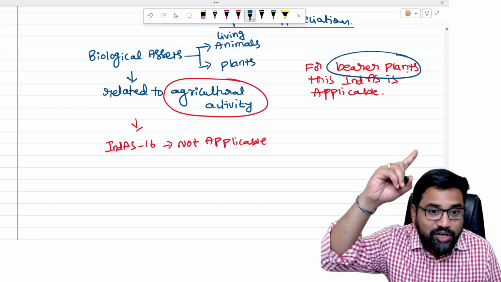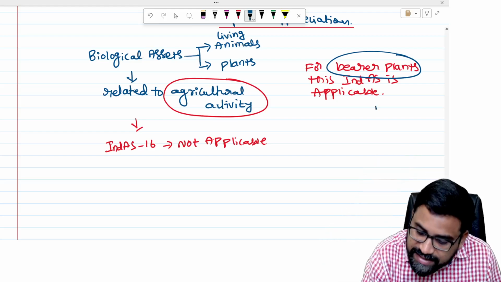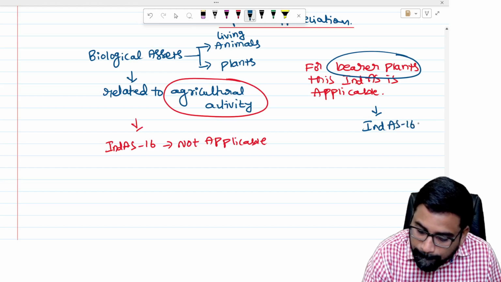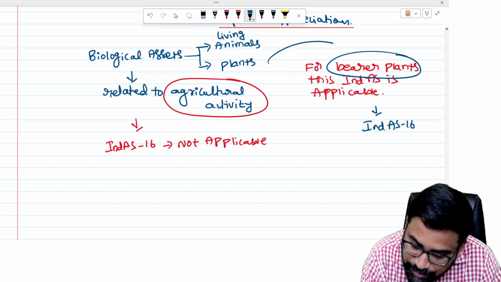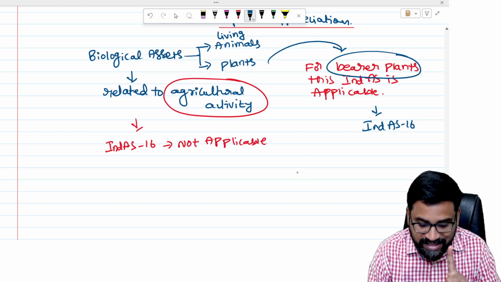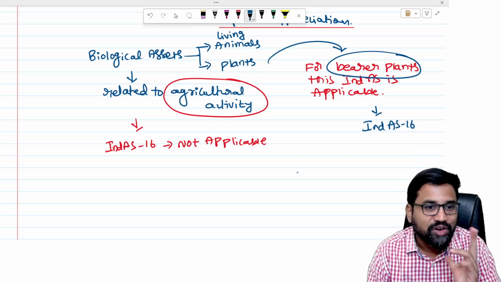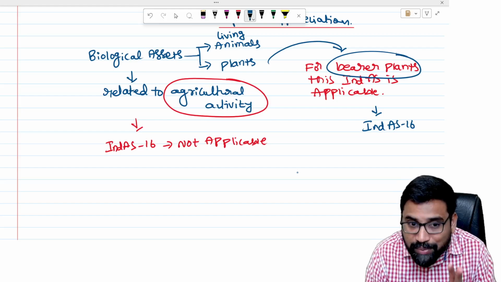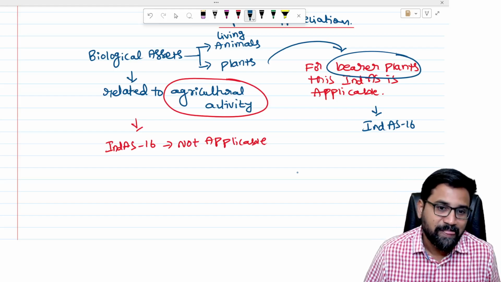Don't apply IND AS 41, apply IND AS 16 only. So plants except bearer plants are covered under the agriculture standard, IND AS 41. But for only bearer plants, IND AS 16 is applicable.